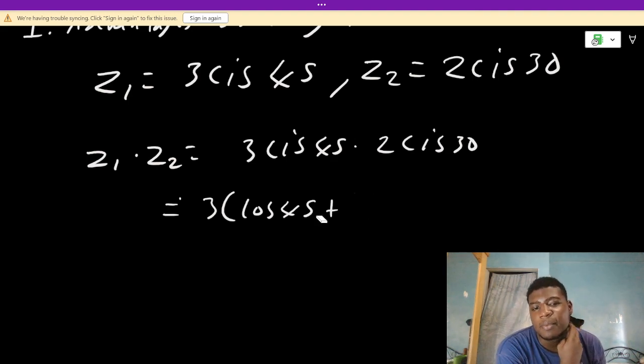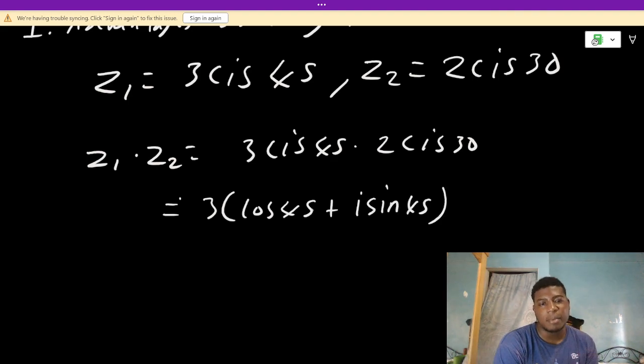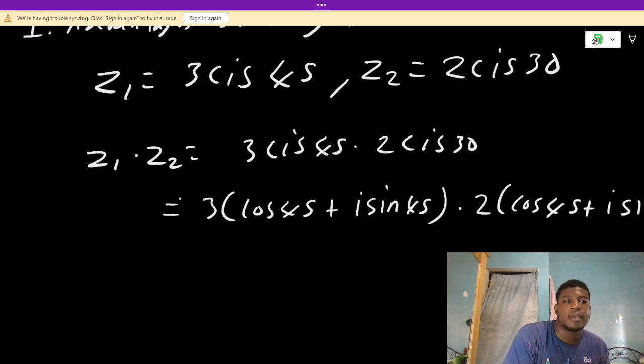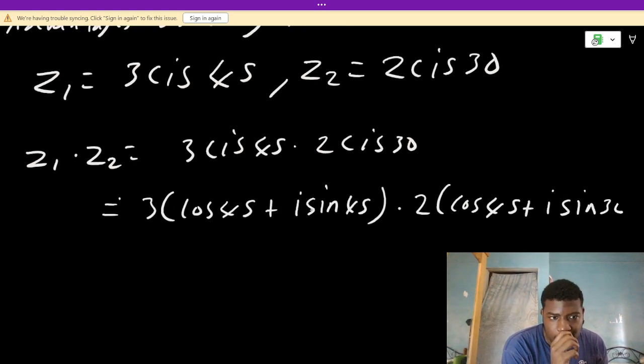Now we don't want to simplify these answers yet, because if we simplify, we just get back to Cartesian form, and that's not what we really want here. Times 2 cos 30 plus i sine 30. If you multiply that, taking out those two, you have 6.